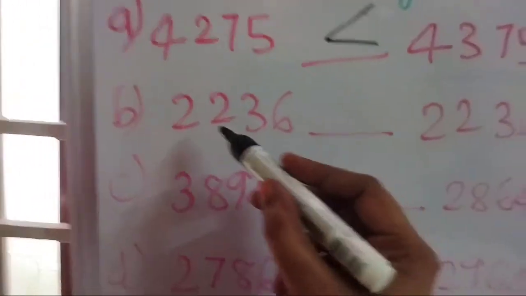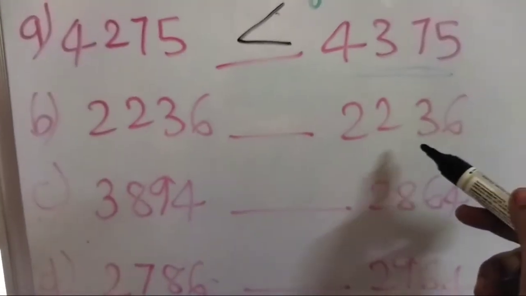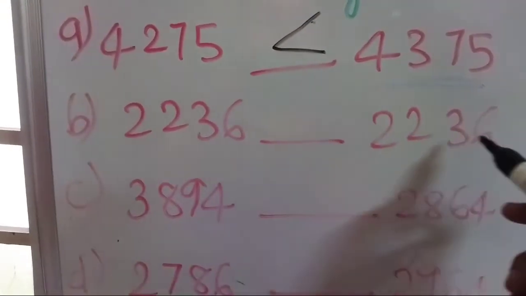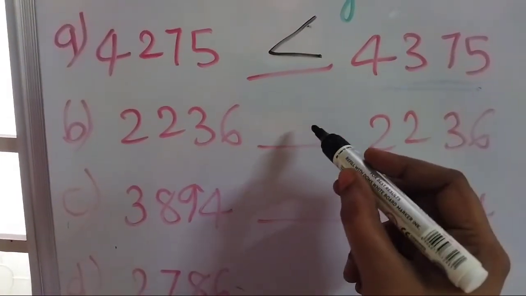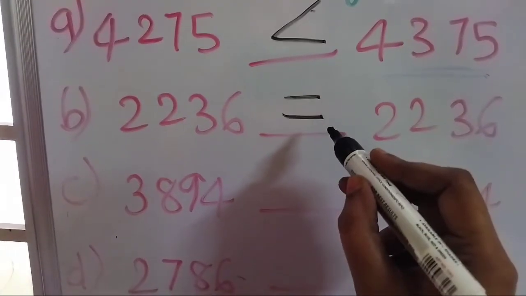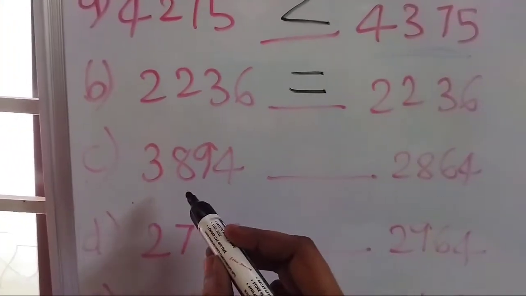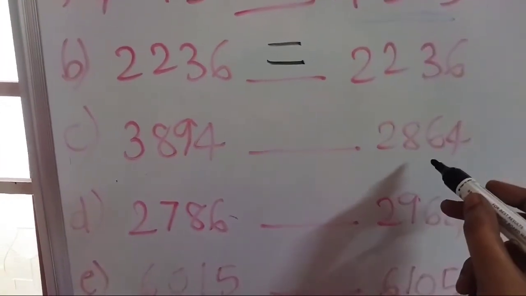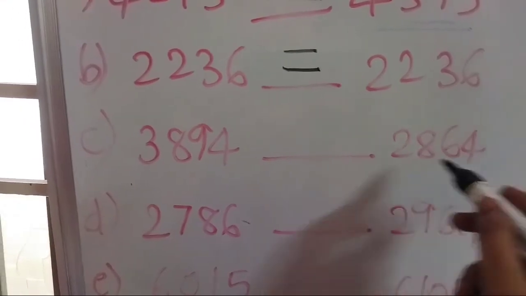See the next numbers. 2,236 and the second number is 2,236. So both are the same numbers. So which symbol is there? The equal to symbol is there. See the next two numbers, 3,894 and 2,864.